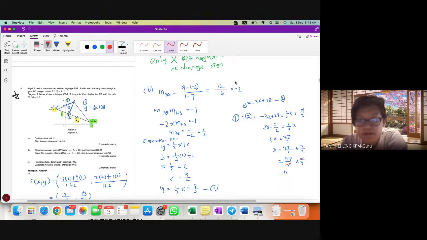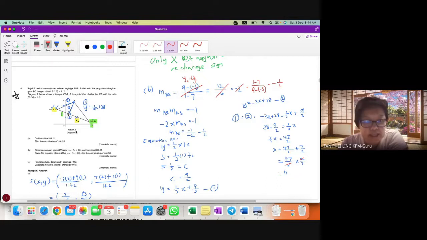Do you make the same mistake like I do? This one wrong, this one wrong. It should be y2 minus y1: 1 minus 7 over 9 minus negative 3. Oh dear, y2 minus y1 over x2 minus x1. So the whole thing is wrong.